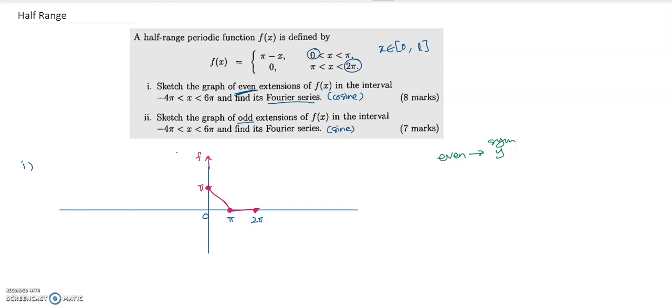So on the left we are supposed to have negative pi, and here negative 2 pi. We just put it like that because it is supposed to be symmetric. So that's our even graph.